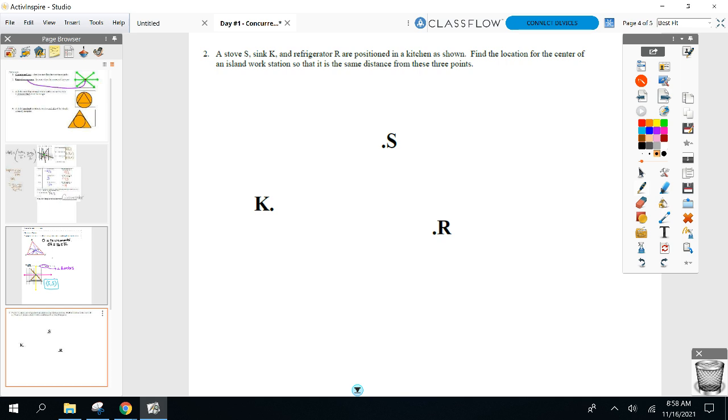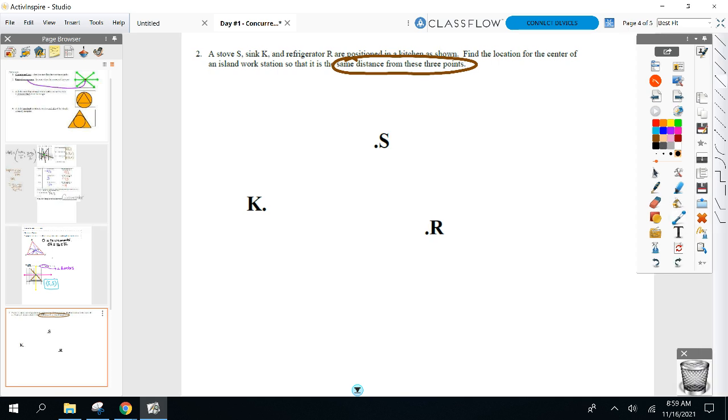Equidistant away. This is another way of me saying what? Same distance from these three points. I'm asking for the circumcenter of those three, correct? So if you want to go ahead, take your straight edge right now, connect them to form a triangle.